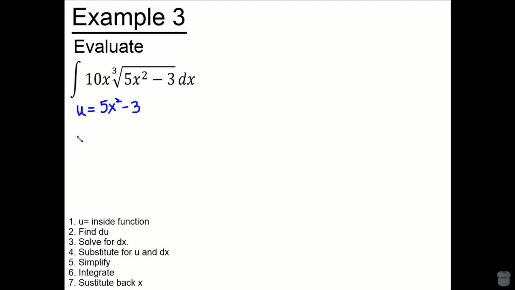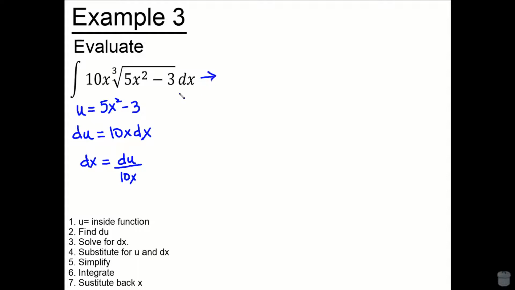If I find the derivative, du equals 10x. This one's a little bit harder to see. And I'm forgetting my dx. If I solve for dx, dx equals du over 10x. And this is the reason why I like saying to solve for dx.